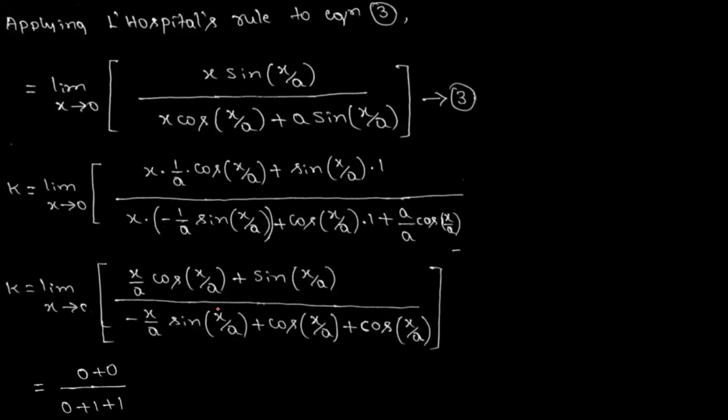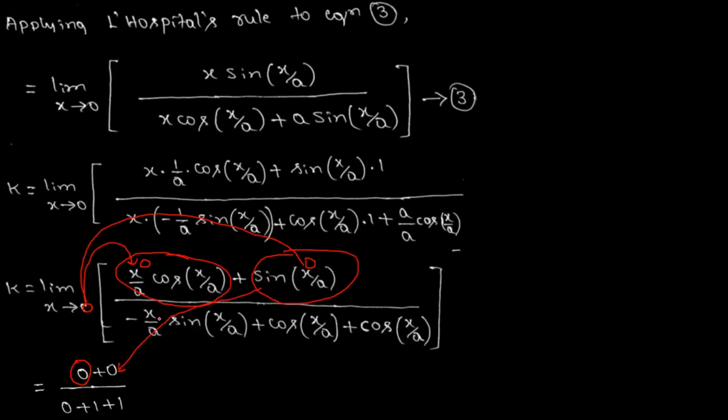Anyways, we'll substitute the limits now as x is tending to 0. If you substitute x tending to 0 here, because of this 0, this complete term goes to 0, which we have written here. And when you put x equal to 0 here, we know sine of 0 is again 0.